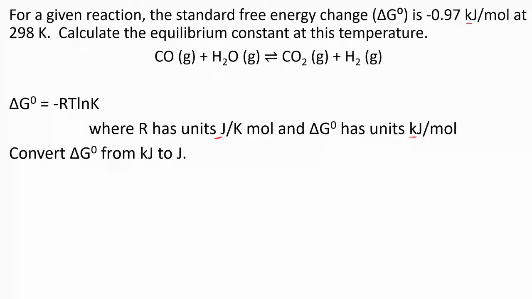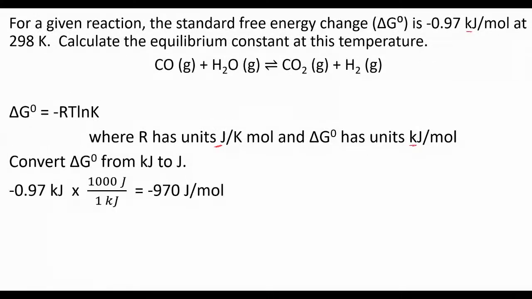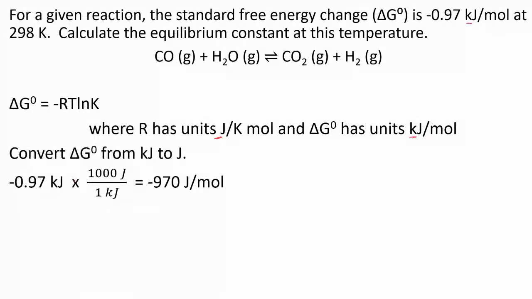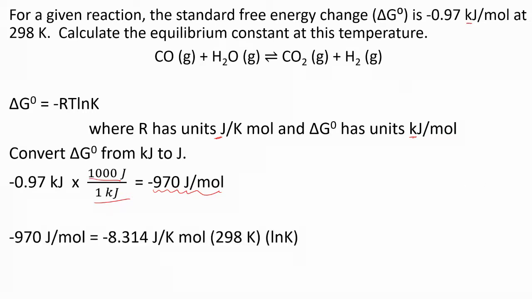You have to have the same units throughout. So we're going to convert our delta G from kilojoules into joules. We know that there are 1,000 joules for every 1 kilojoule, so negative 0.97 kilojoules is negative 970 joules per mole.